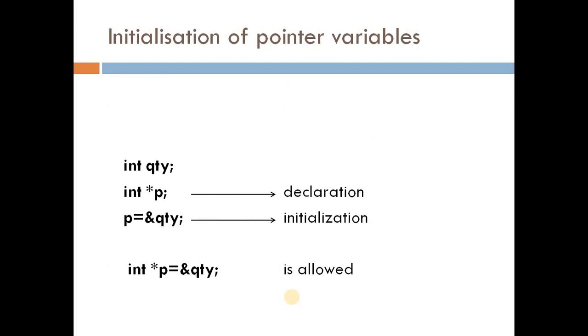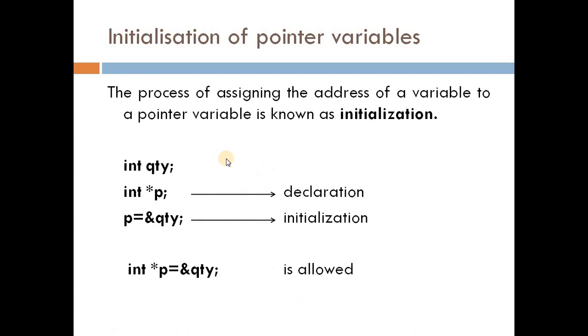Next we shall see initialization of a pointer variable. The process of assigning the address of a variable to a pointer variable is known as initialization. We shall see with an example. Here I have declared a variable quantity of type integer. In this statement I have declared a pointer variable p which is going to point to an integer data type.